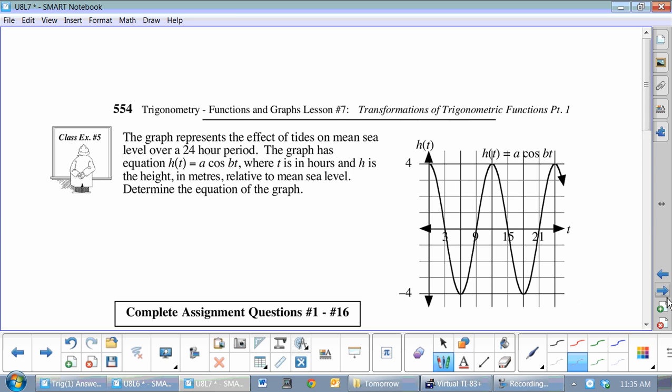Okay. Now, let's figure out the equation of the tides. Okay, now tides are very periodic. Tide goes in, tide goes out, tide goes in, tide goes out, and it's usually done on very regular time intervals.